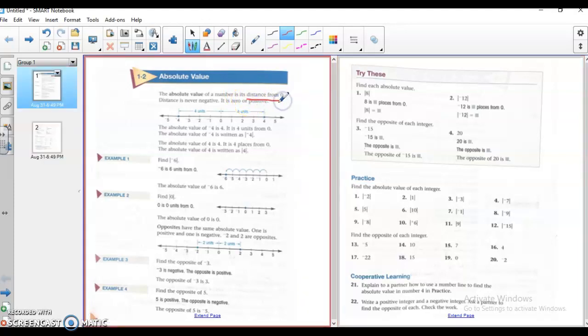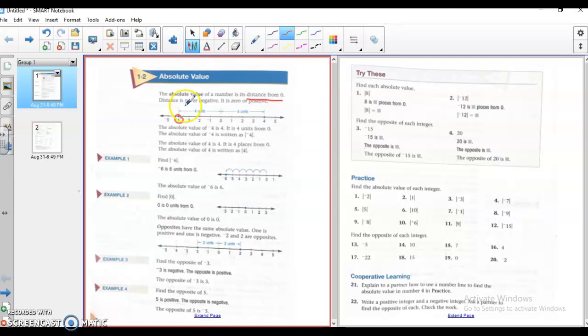distance from zero. So if you look at the number line here, here is zero, okay? And so distance is never going to be negative, and it is a zero or positive, okay? So let's say I asked, what's the absolute value of -4?